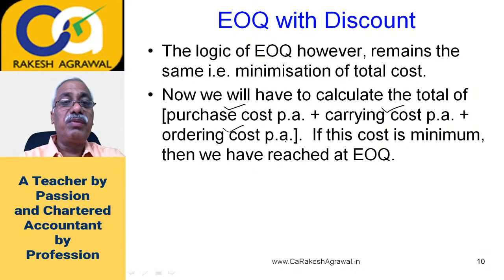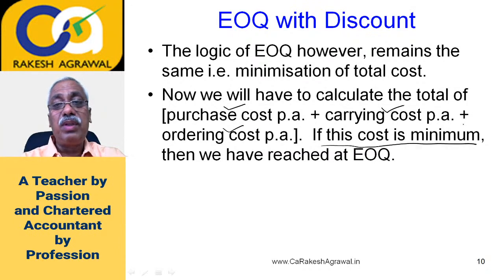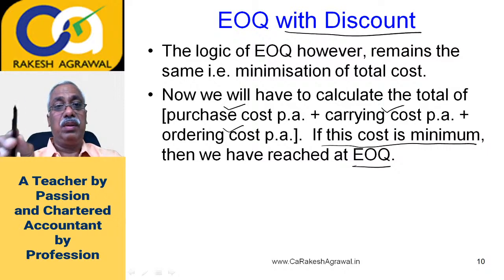Along with these two costs, we now also have to consider the purchase cost per annum. And at whichever quantity the total of the three costs is minimum, at that quantity we will say it is EOQ. So at whichever quantity the total of these three costs becomes minimum, that is our EOQ quantity with discount, right?